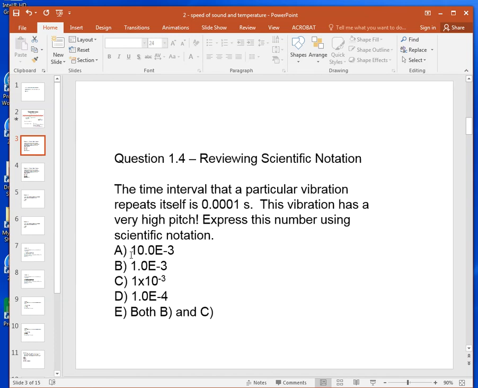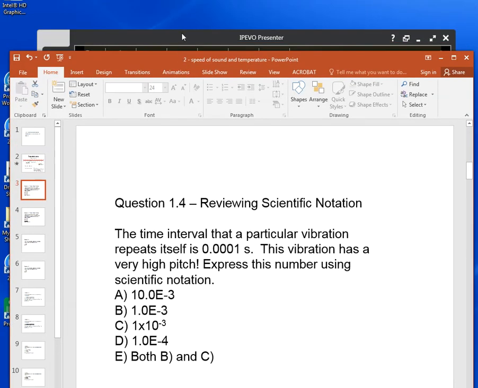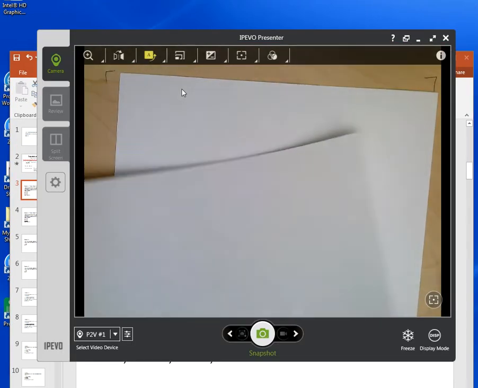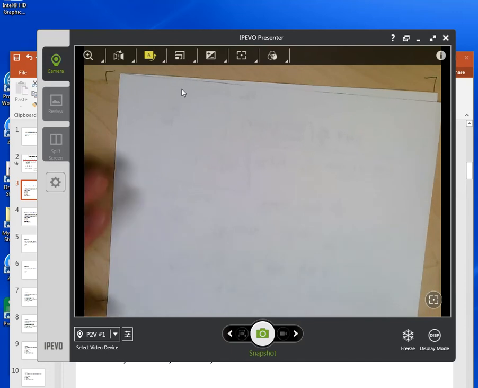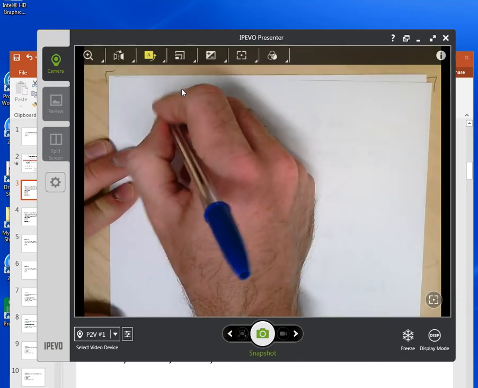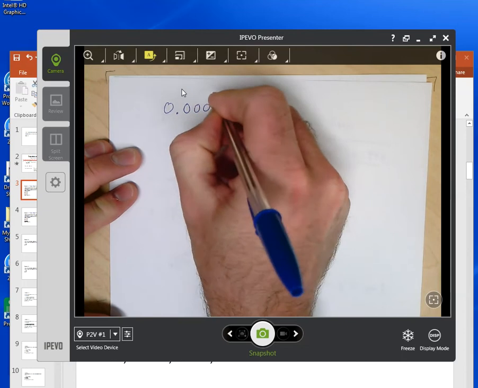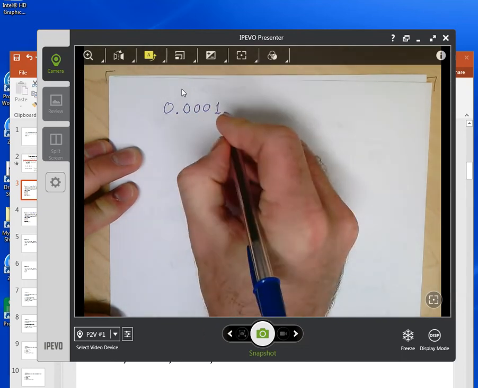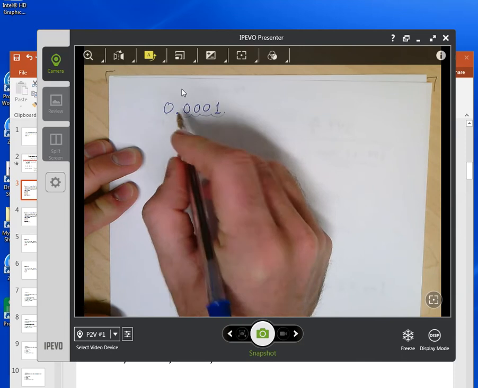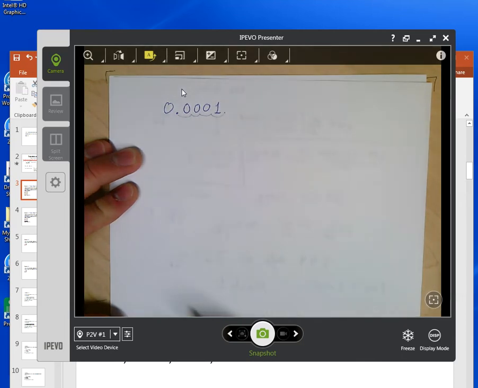Okay, we're back. So, how do we approach this kind of problem? Well, I'm going to look at that number, 0.0001. Okay, good. And I'm going to get a sheet of paper here. If I had a decimal over here, I might have to move it over 1, 2, 3, 4 just to get it to be over there.